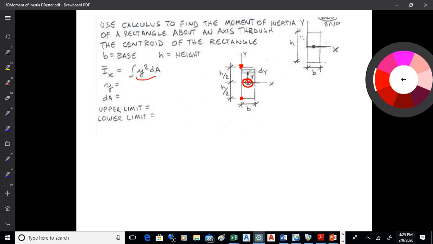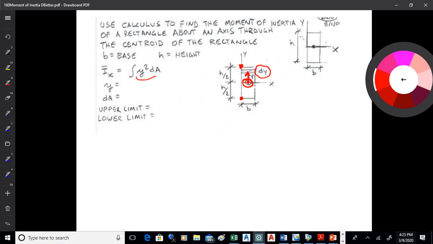We've got to break this thing up into little pieces. So we want a single distance from the axis to the piece. That'll be the y part of the y squared dA formula. We're going to measure up from the x-axis, so we want little pieces that are parallel to the x-axis, so they have one y distance. We'll call that dy.